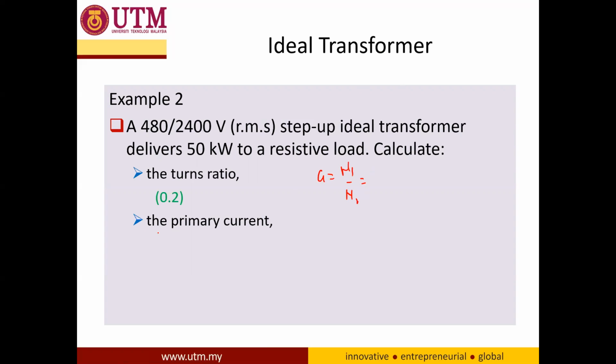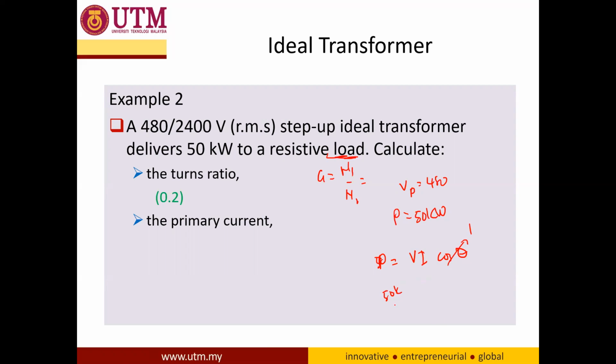And this is the interesting part, the primary current. The voltage at the primary is 480 volts, and the power given is 50 kilowatts. We know the relationship for power is VI cos theta. But right now cos theta is 1 because it is a resistive load, meaning the current and voltage are in phase.